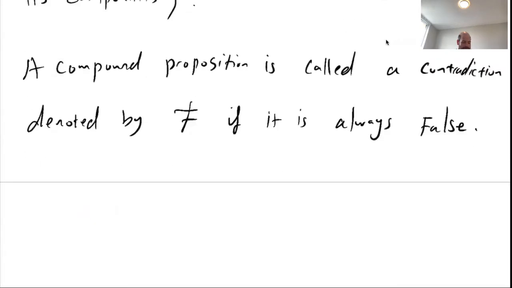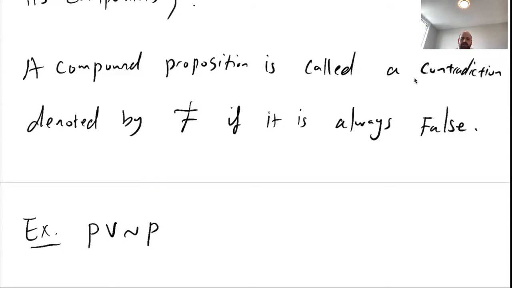Okay, so for example, P disjunction negation P. In other words, P or negation P. So this is a compound proposition, it has two parts, P and negation P, and they're connected with disjunction.